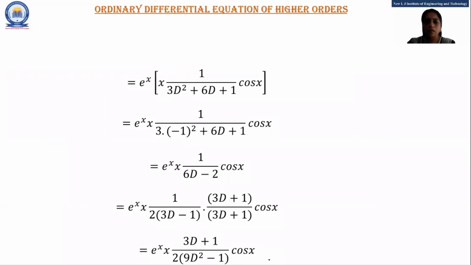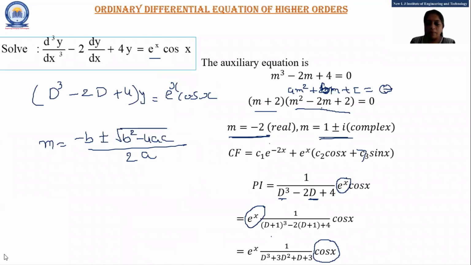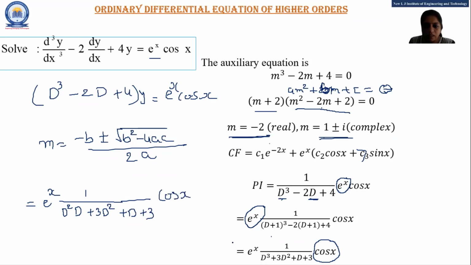So here, see carefully, what is the multiple of x? Multiple of x is 1. And if I replace the multiple of x in this D square, with a minus sign before that, see this D cube is what? D square into D plus 3D square plus D plus 3 cos x, right?